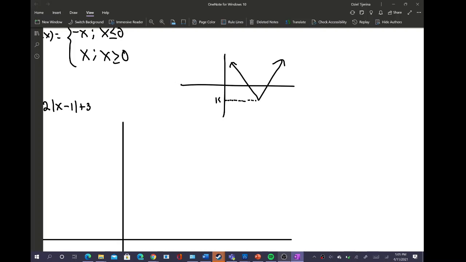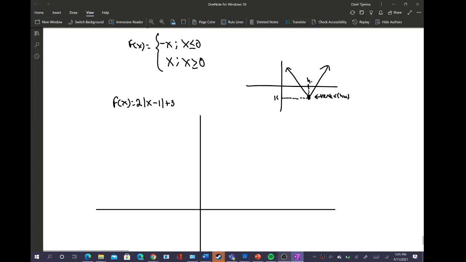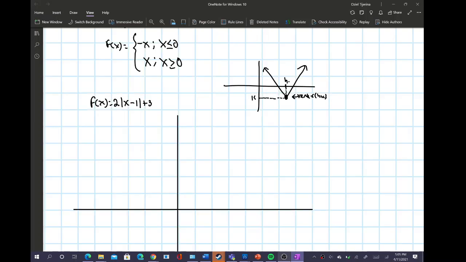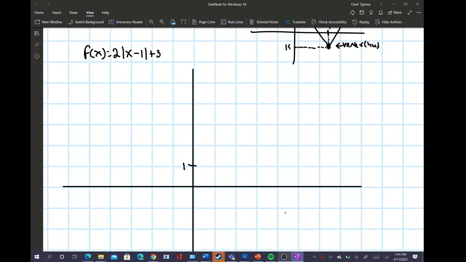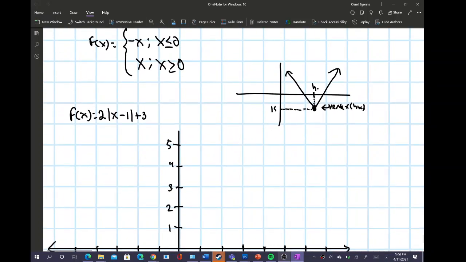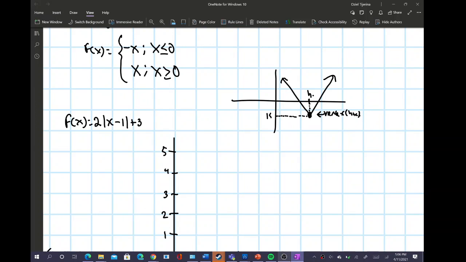This point is k, and this is h, right? So this point here is what we call the vertex, (h, k). So basically this is our (h, k) value, right?